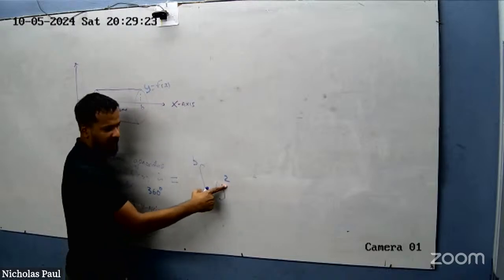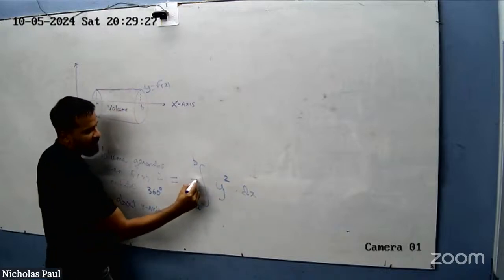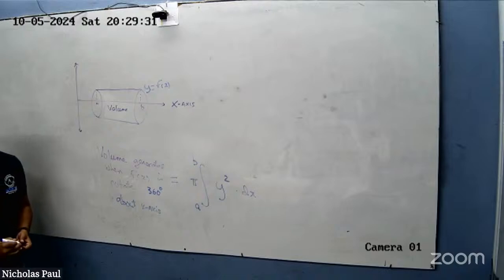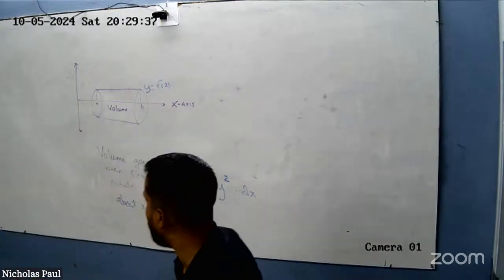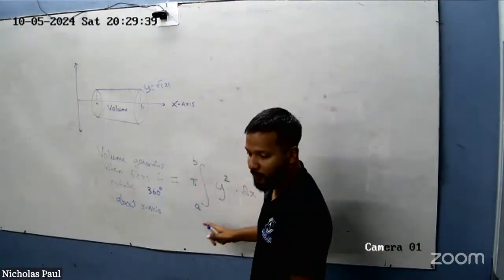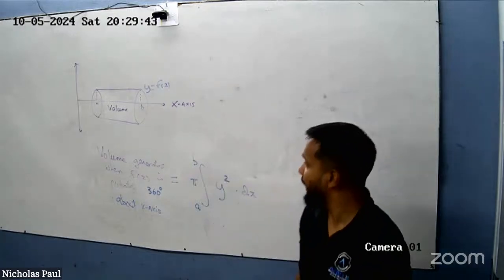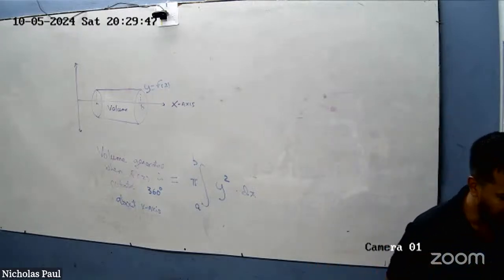Very important, you square the y with respect to x and you multiply it by pi. All this came from the proof, but basically, in order for you to get the volume, there's a way to do it. Copy it up. And I want to show you an example.